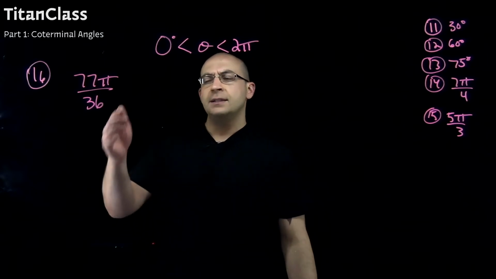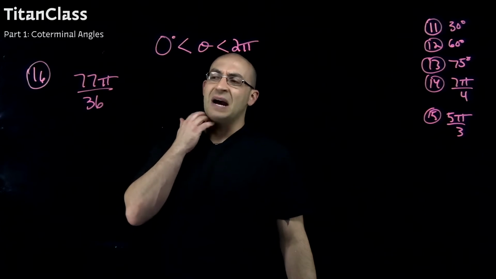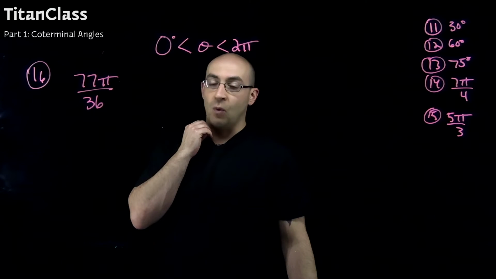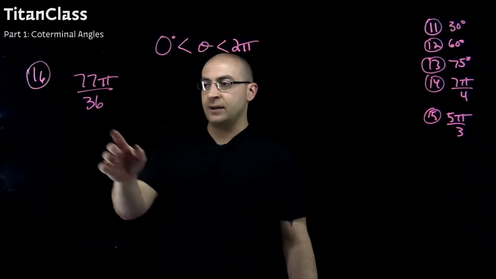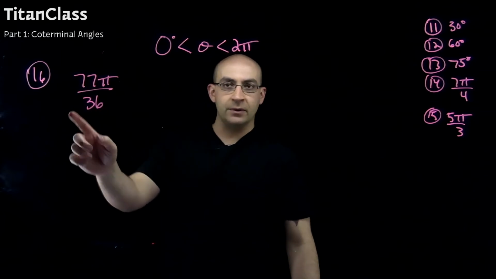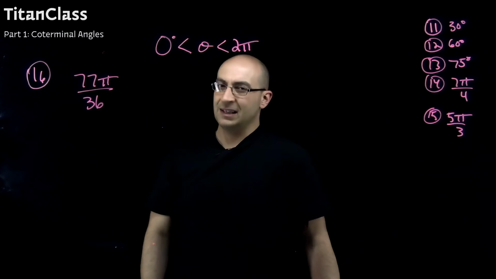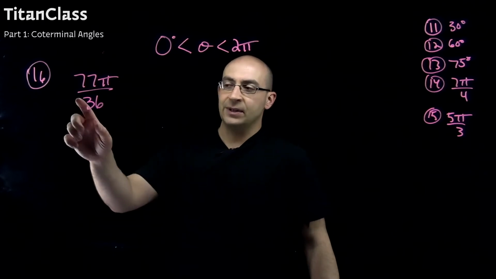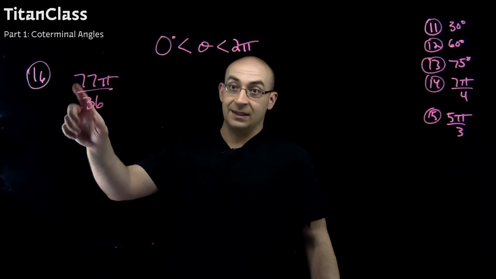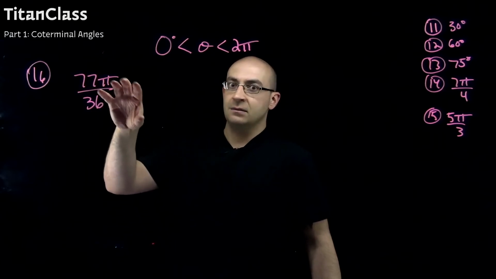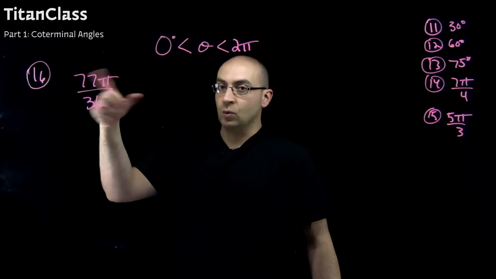Okay, 77 pi over 36. Wow, that's weird, right? That appears to be bigger than 1 full revolution. A trick that you could figure out is, if the numerator coefficient is more than double the denominator, we're looking like it's more than 2 pi, right? 36 times 2 is 72, less than 77. So that extra little 5 that's up here typically tells us we're over 1 full revolution.